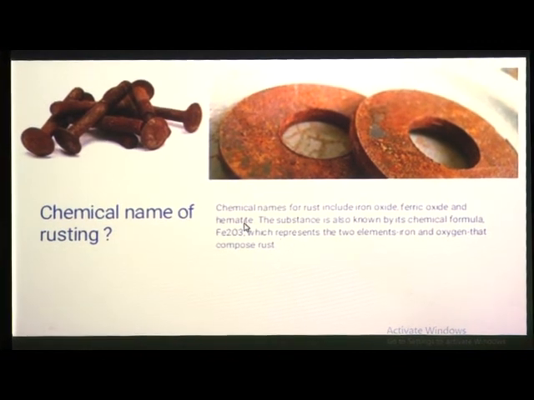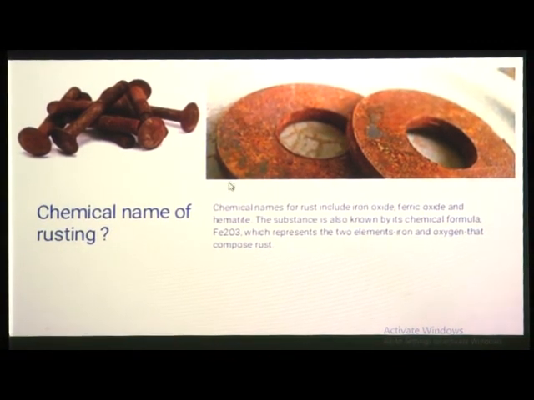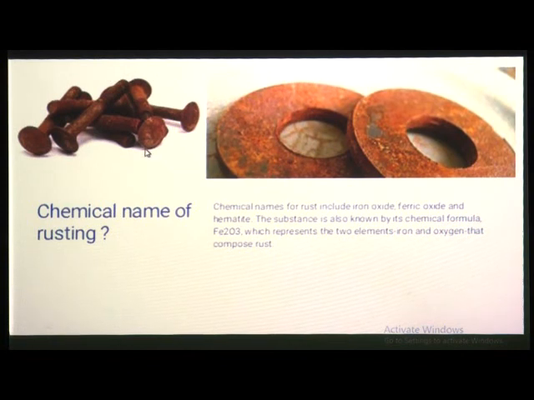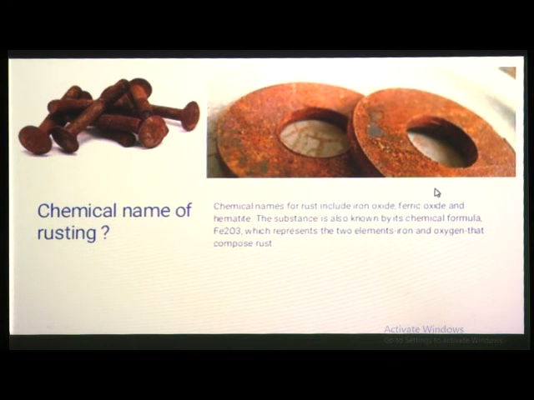When we see chemical change in these iron nails, that is rust, and its chemical name is iron oxide, because iron comes in contact with oxygen and air. Ferric oxide and hematite are also given here.